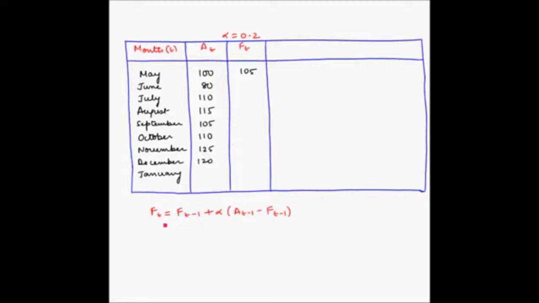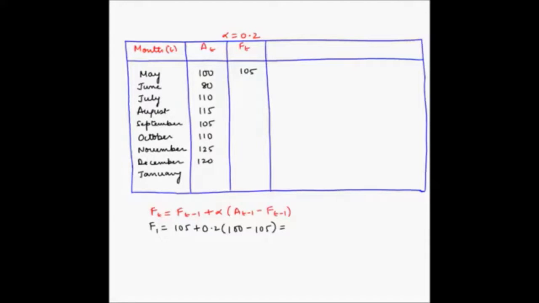So let's start calculating. Forecast for June will be equal to the forecast for May, which is 105, plus 0.2 into bracket the actuals for May, which is 100, minus the forecast for May, which is 105.